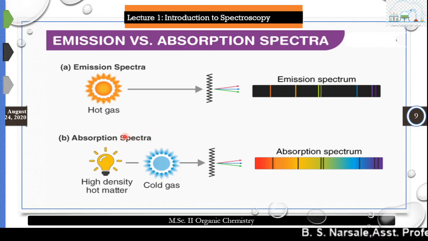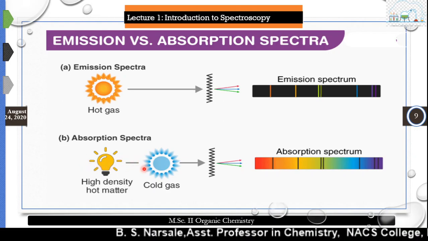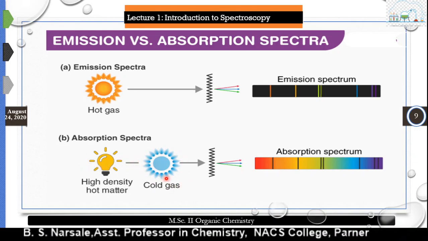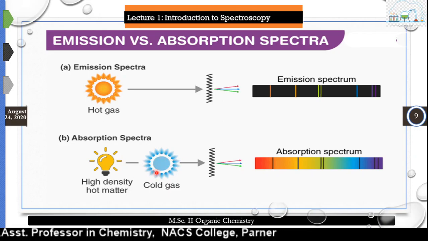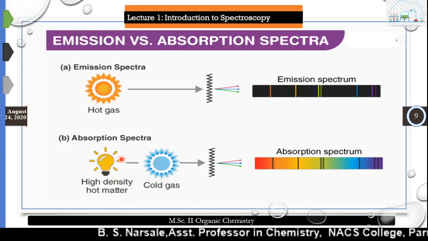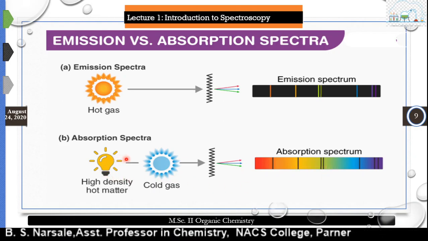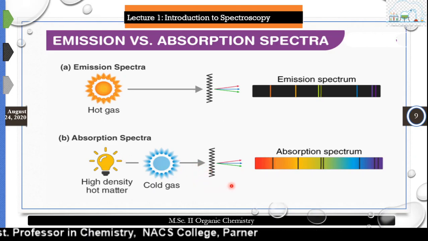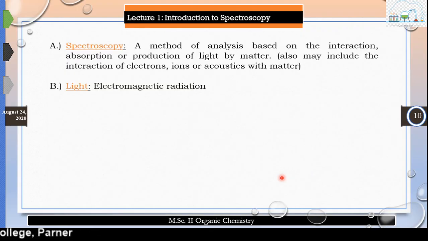And in absorption, a certain wavelength of radiation strikes a cold substance. It absorbs that energy and transmits it further, and the comparative study of absorbed and transmitted light is recorded in the form of the absorption spectrum. That means how much is applied and how much is transmitted.